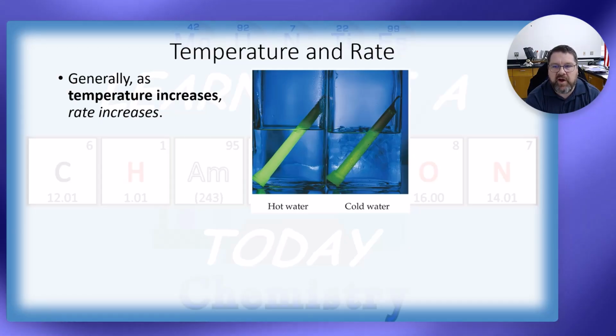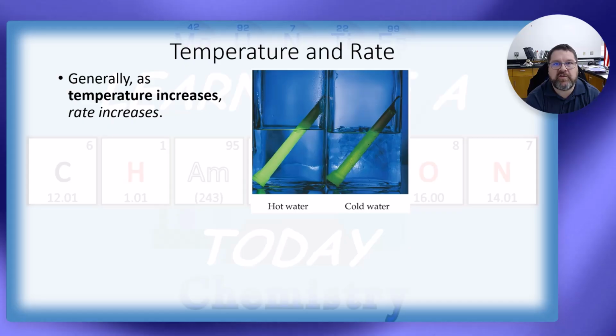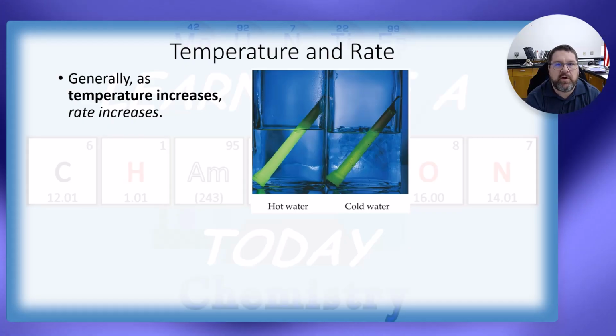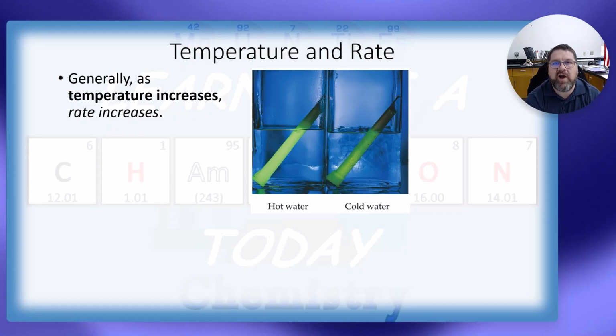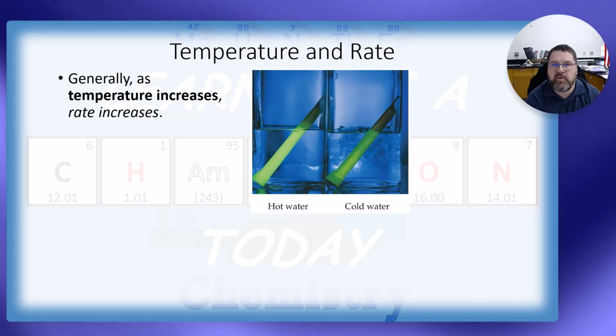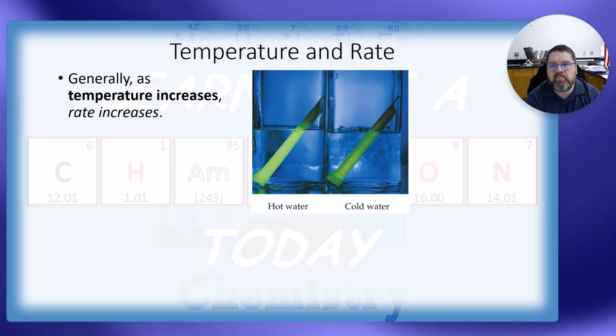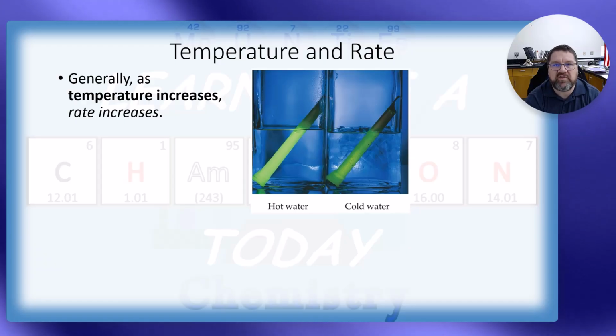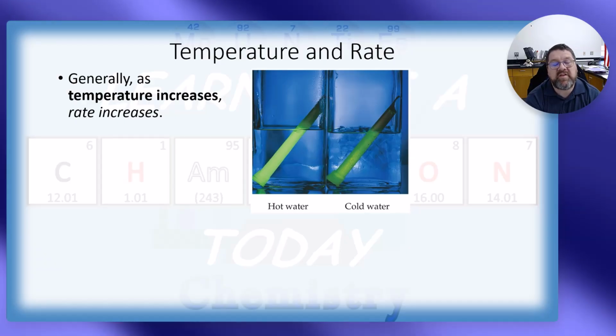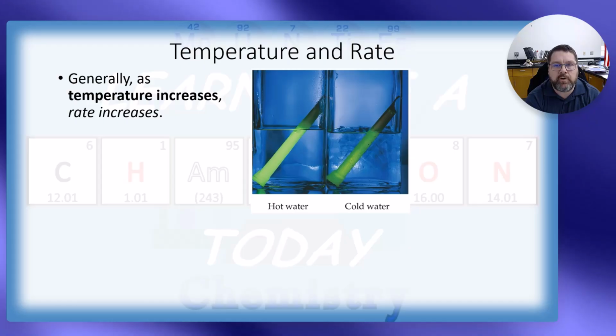If you've ever played around with glow sticks or glow necklaces and you wanted to prolong them, keep them around longer, you might have thrown them in the fridge or the freezer. It doesn't stop the reaction, but the glow will tend to last a little bit longer. Might be a bit dimmer, but it does last longer.